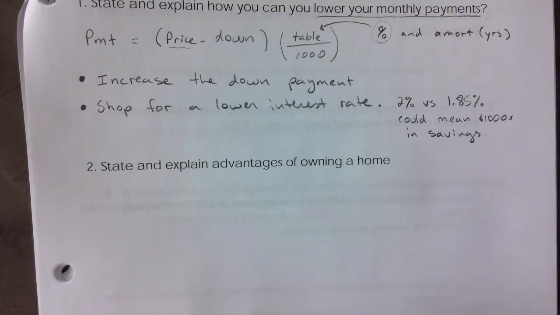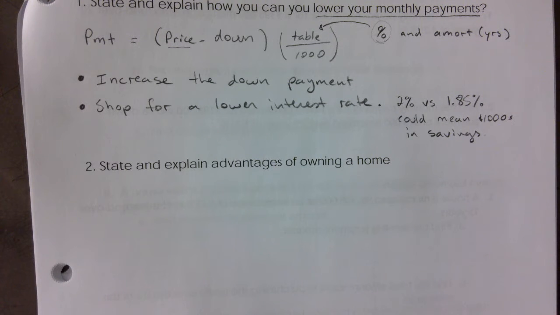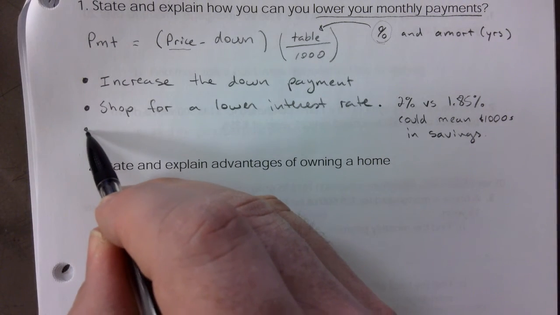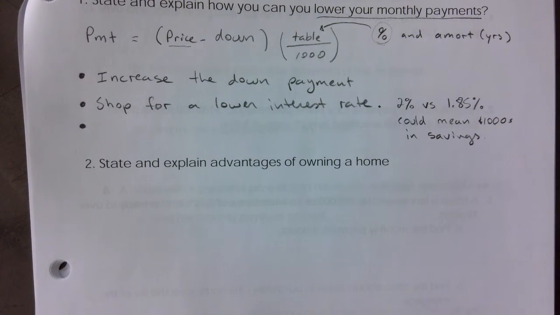When you're looking at a mortgage of 300,000, 350,000, and so forth, you could save thousands of dollars by just getting an interest rate that is 0.15% less. So it is worth doing. I'm not saying it's as efficient as coming up with a larger down payment.